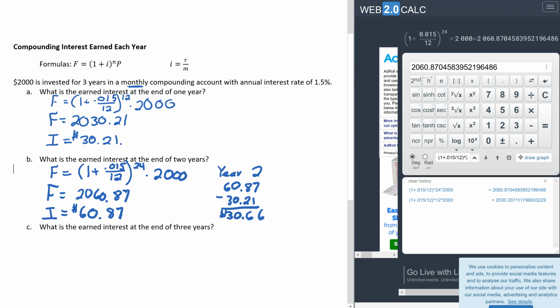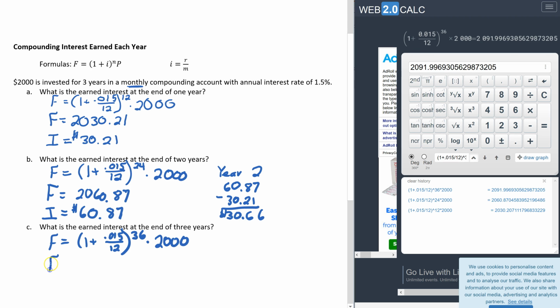Now when we come down to part C, which is what is the interest earned at the end of 3 years, we're going to expect a little bit more interest earned once again. This time we have 36 compounding periods because there are 36 months in 3 years.